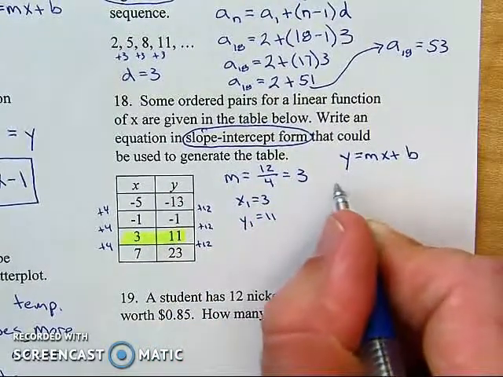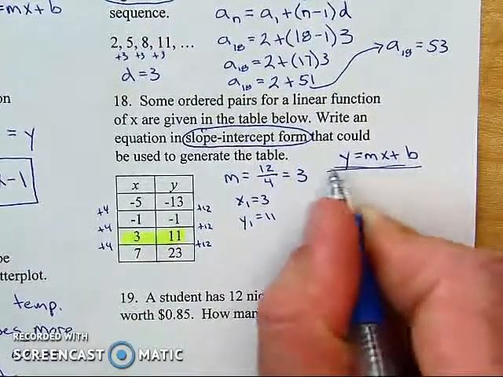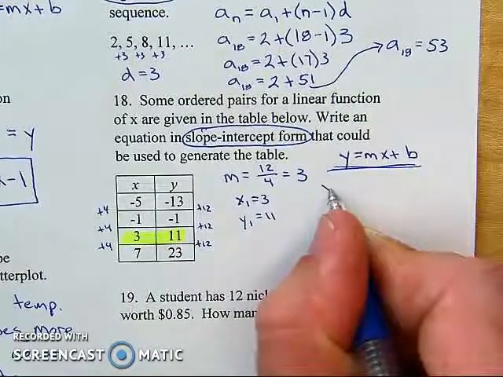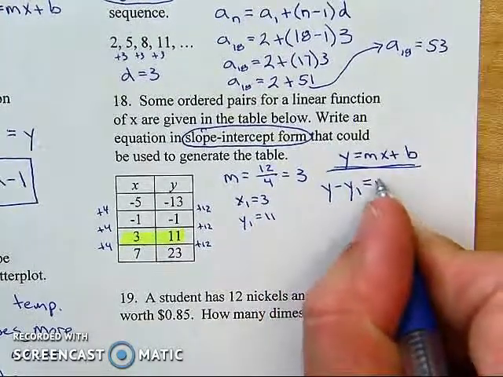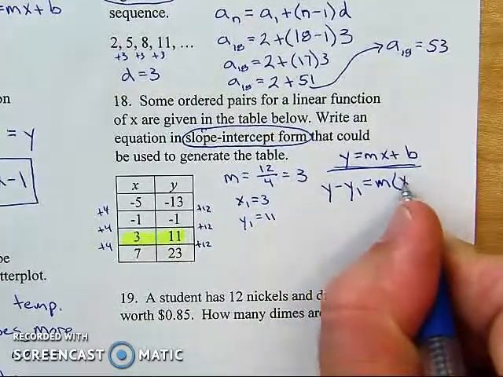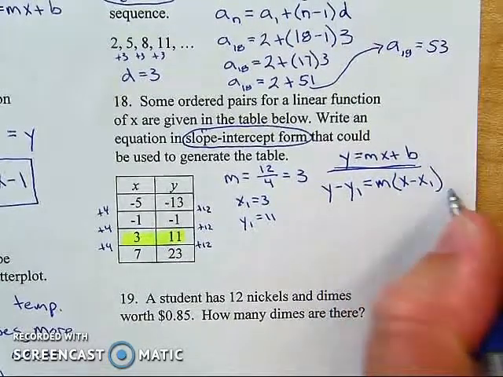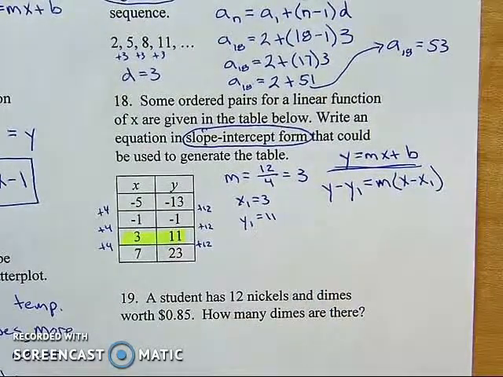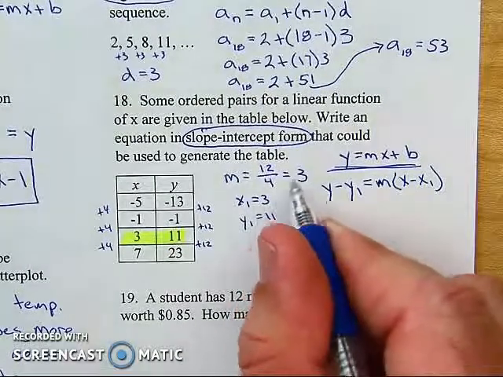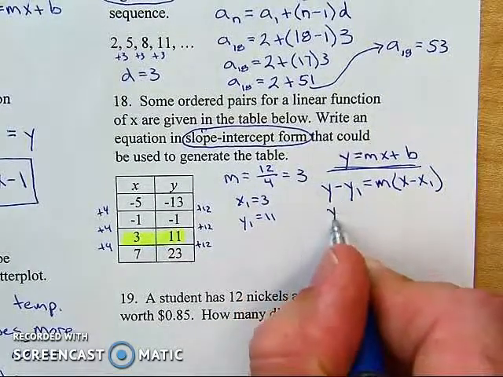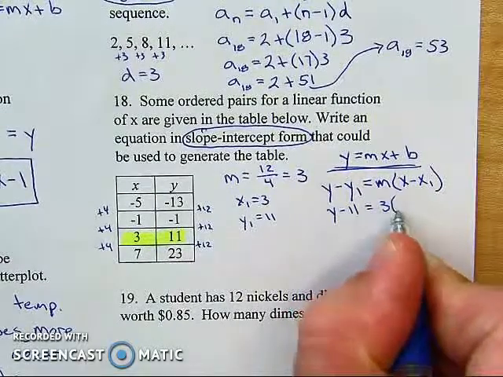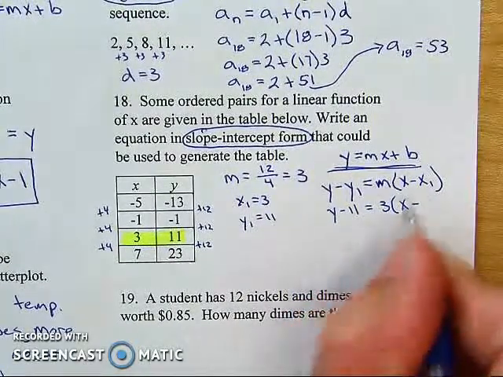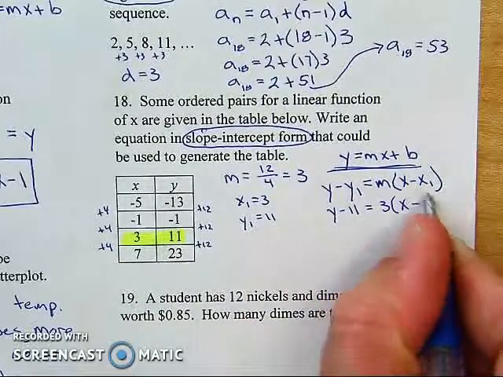So my formula, now I know I said I'm going to use this, but you'll see how it's going to turn into that. So y minus y sub 1 is equal to slope times x minus x sub 1. Okay, so I'm going to plug in these 3 numbers right here. Y minus 11 is equal to 3 times x minus 3.